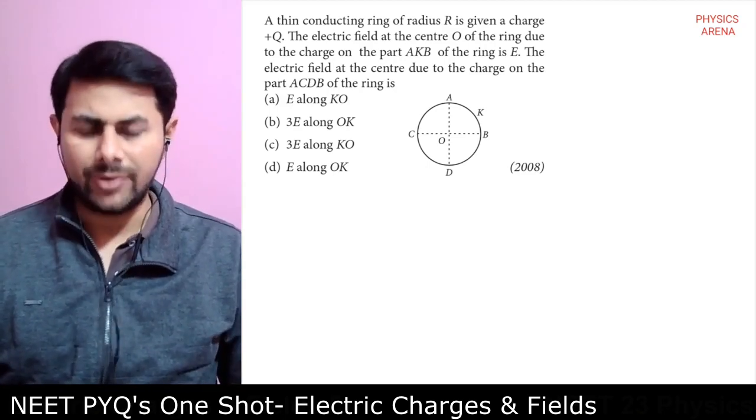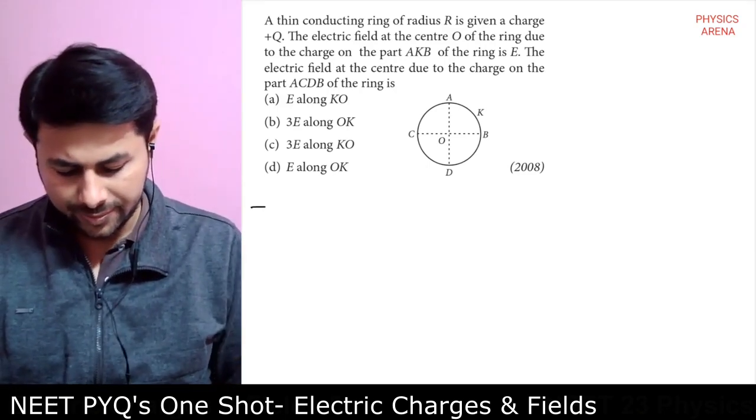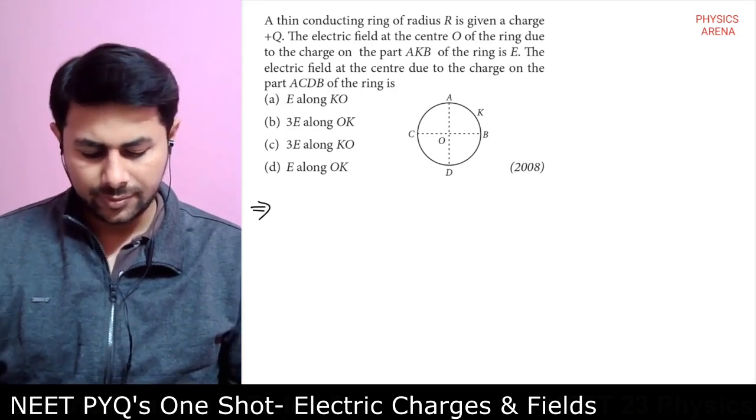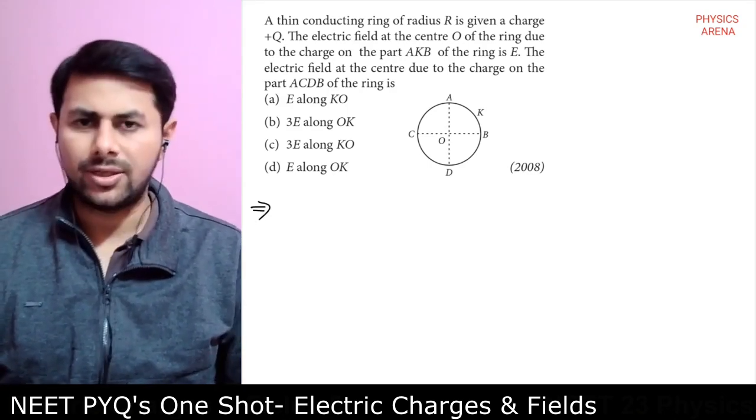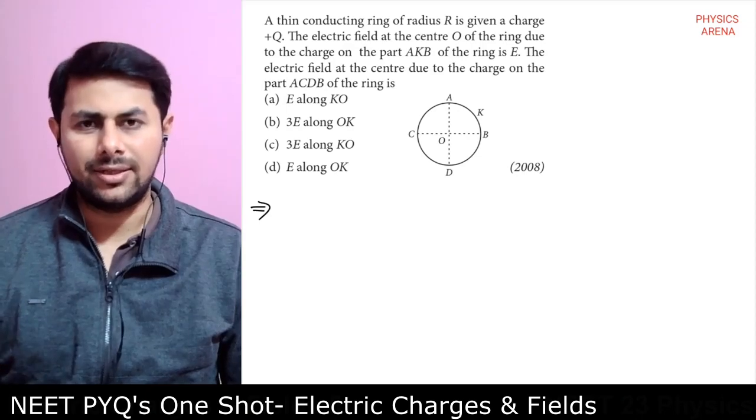How much would be the electric field at the center of the ring? Charge Q is given to the ring. How much would be the electric field at the center?